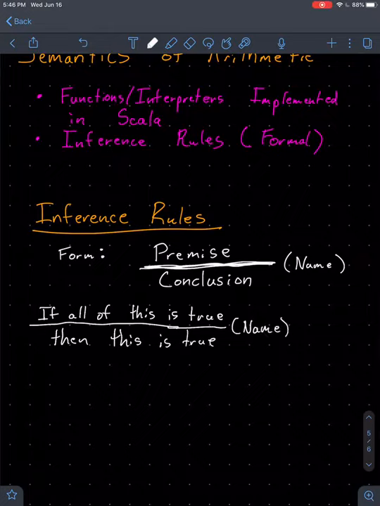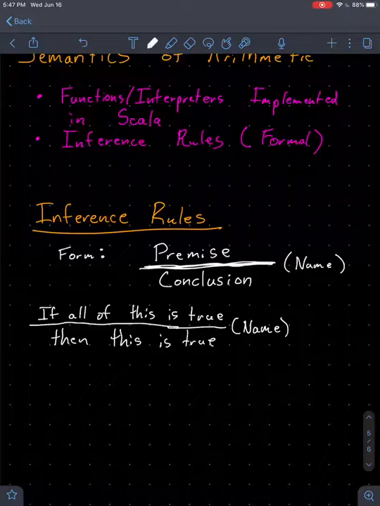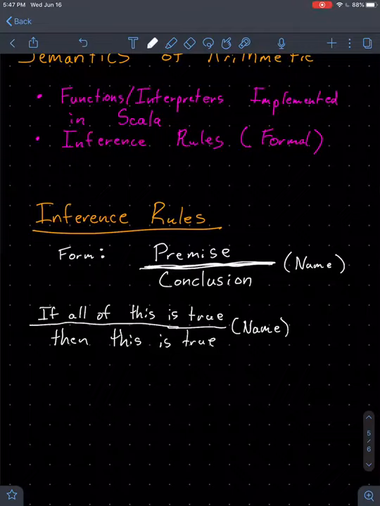Now, what's an example of a rule? I guess we can just jump straight into doing this on arithmetic.